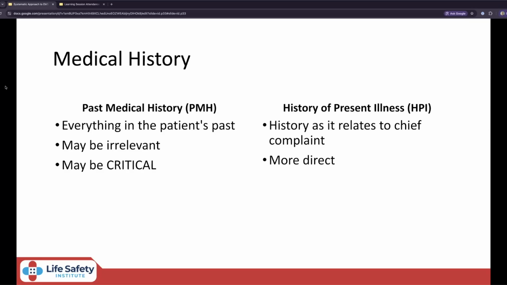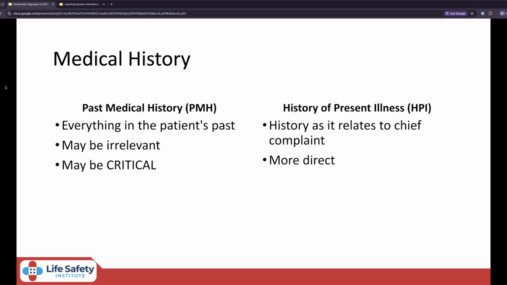Or likely irrelevant. And so your past medical history depends on the current presentation, the current set of symptoms, and what that past medical history is. Still get it. It can still be very important, but just recognize that.